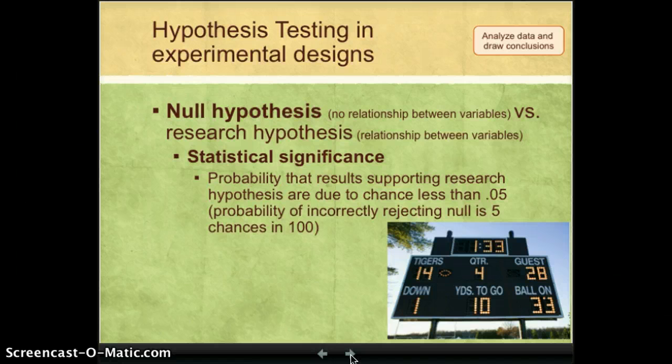And we say that there is a statistically significant difference between the two groups, experimental and control, when the chance that that difference is due to just pure luck, just some weird groups that got created, is 5 chances in 100 or less. So this basically means that we have a really high standard for saying that something is statistically significant.